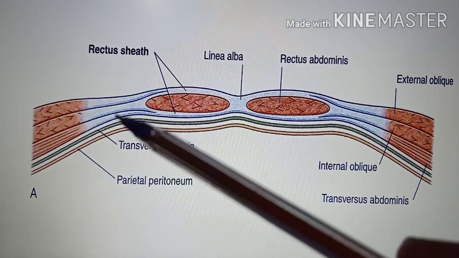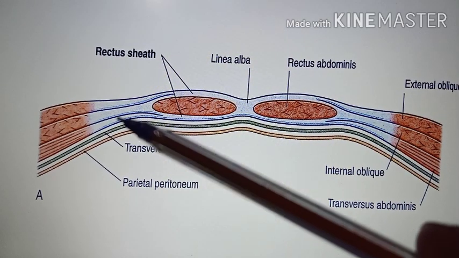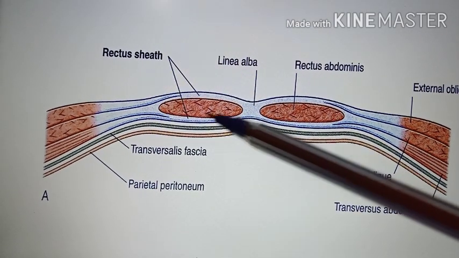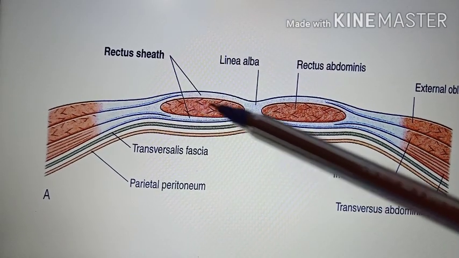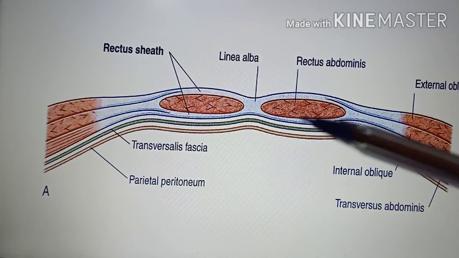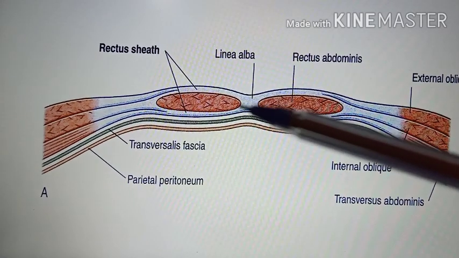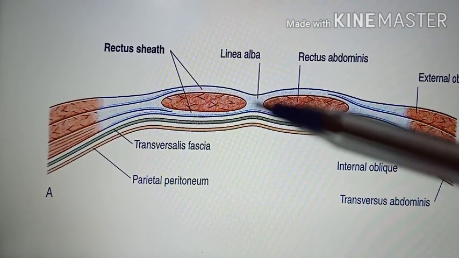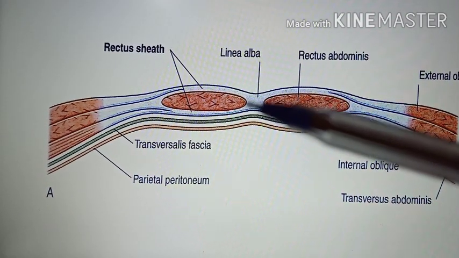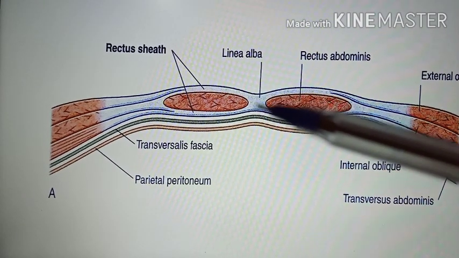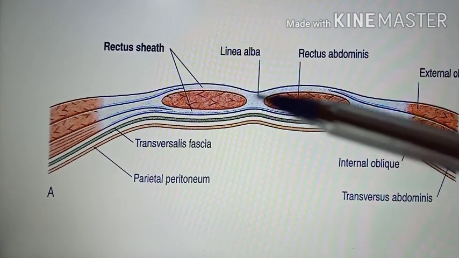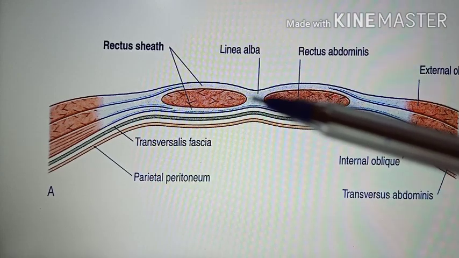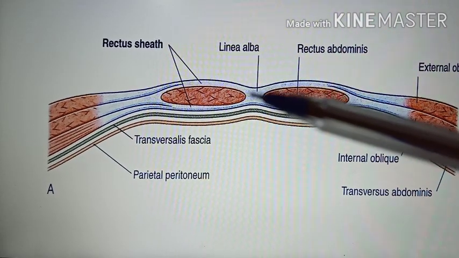The aponeuroses of these muscles pass towards the middle to enclose the rectus abdominis muscle and pyramidalis muscle. They then fuse with each other and with the aponeurosis of the muscle of the opposite side in the median fibrous raphe, and that is called the linea alba.